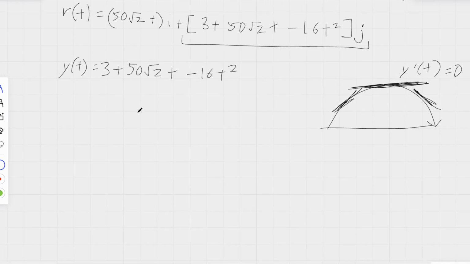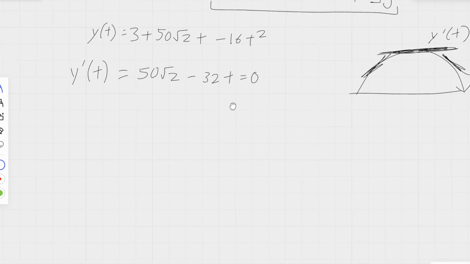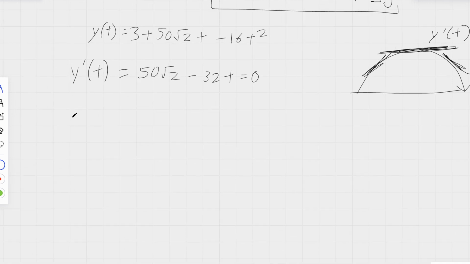Now this becomes pretty easy. We just have to take the derivative of y of t, which should be 50 root 2 minus 32t, and you set that equal to 0. Now we just have to isolate for t.